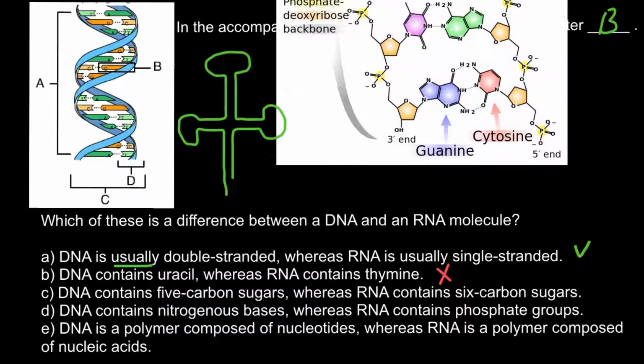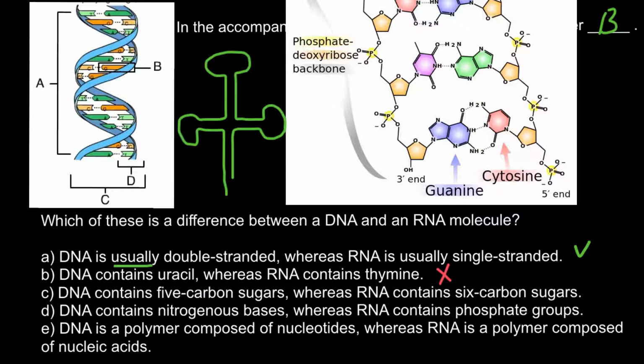And let me bring this picture back. On this picture, as you see, we have a 5 carbon sugar, and the only difference between DNA and RNA would be that in DNA on the second carbon there is no oxygen. There is only hydrogen here that is not shown, but in ribose we have oxygen here, and we call such sugar ribose.